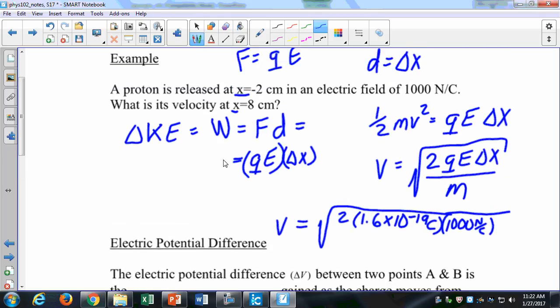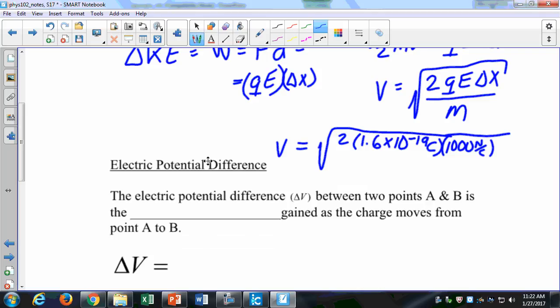And delta X is going from -2 to 8 centimeters. So my delta X is equal to 8 minus -2, or 10 centimeters. But I don't want to use centimeters, I want to use meters. There are 100 centimeters in a meter, so I just move that decimal place 2 spots over.